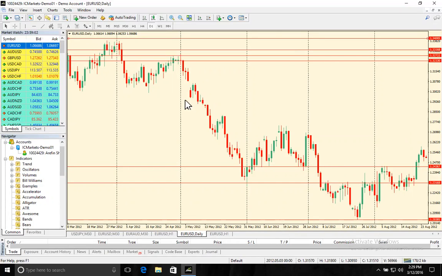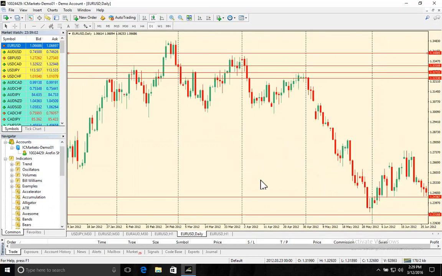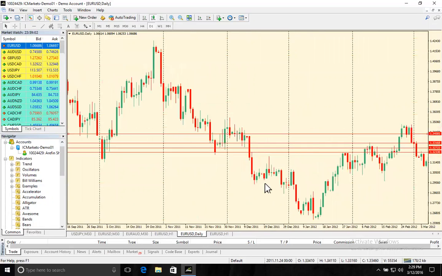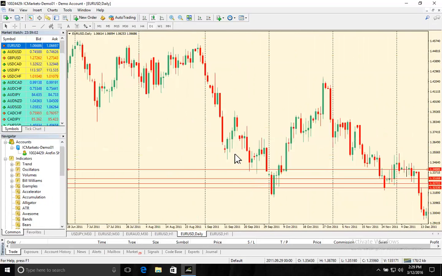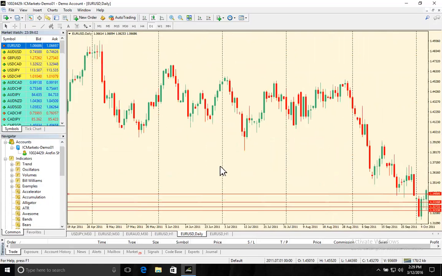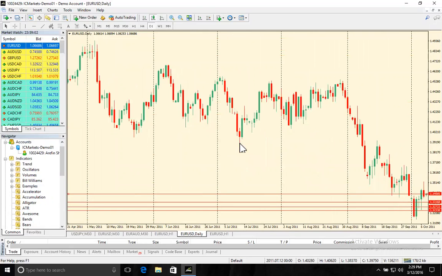So let's find another example. This one. Okay, the same thing: the price is coming down. We see this bar, and it is a bullish candle, a bullish reversal pattern.